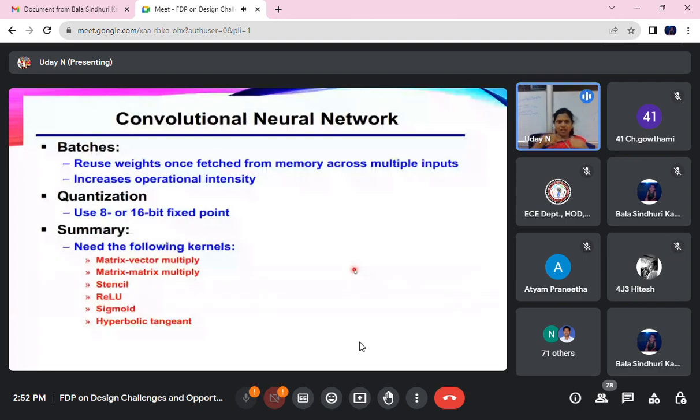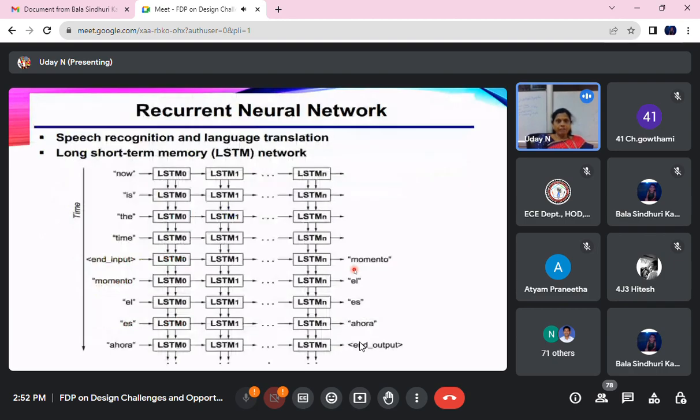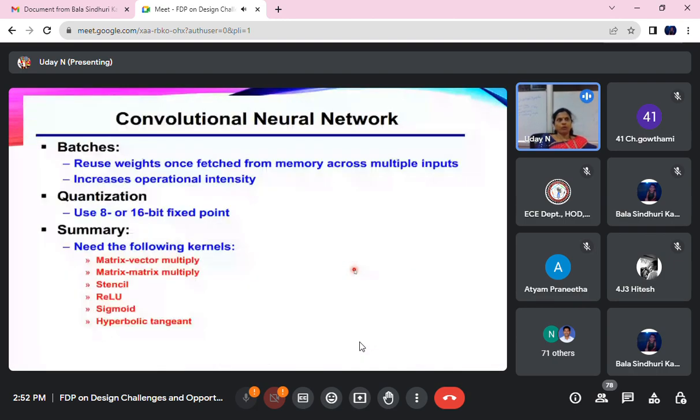These are the things we have to implement to perform one layer of a convolution neural network. These are required for the architecture for the object recognition task, a computer vision based task.